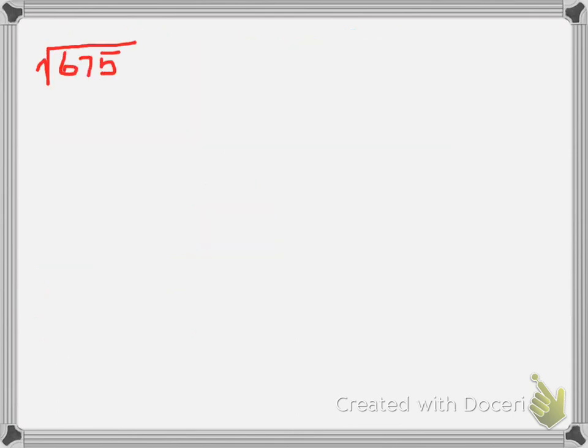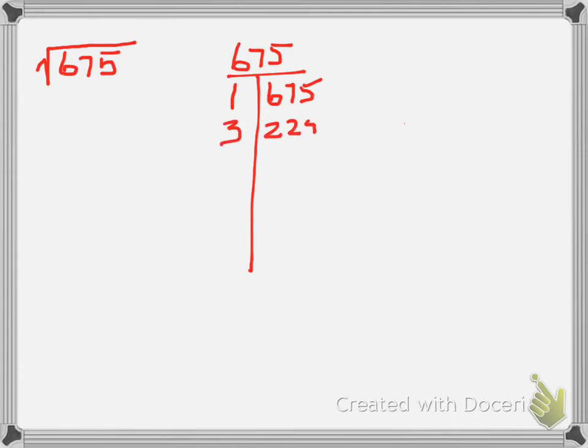Let's look at another example. Let's simplify the square root of 675. And again, we want to find all the factor pairs of 675, beginning with 1. 1 times 675. 2 doesn't divide evenly, but 3 does. 3 times 225. 4 doesn't divide evenly, but 5 does. 5 times 135. 6 doesn't. 7 doesn't. 8 doesn't. 9 doesn't.